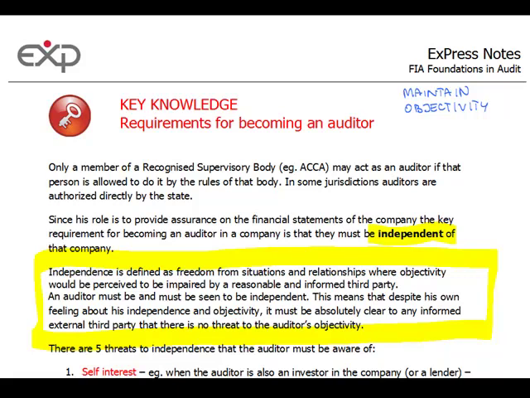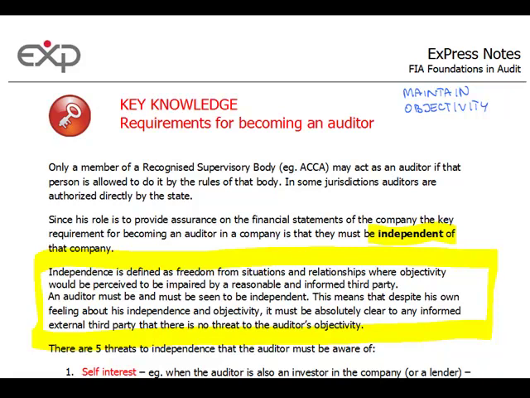Auditors will look at the financial statements of a company. They are supposed to verify that those financial statements show a true and fair view of the operation of this company, and they must do it objectively.